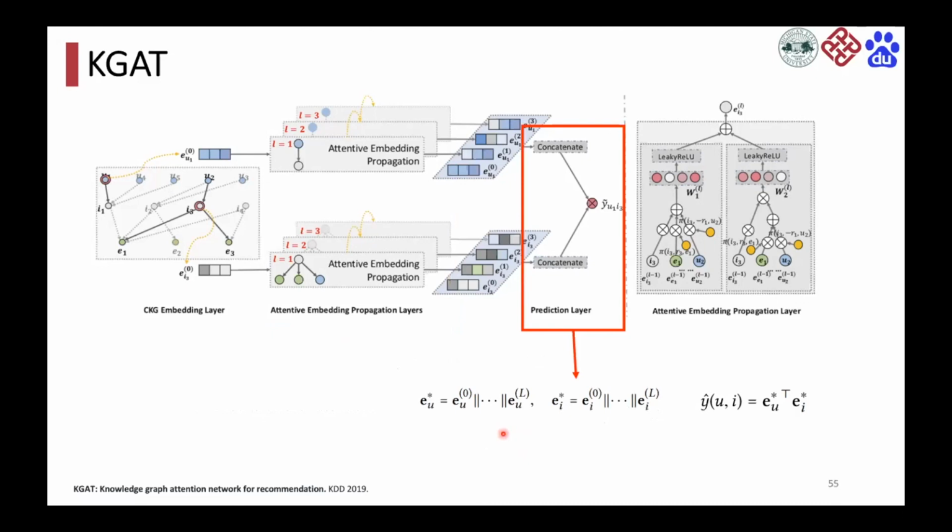At last, KGAT concatenates the embeddings from all layers to generate the final embedding, and uses the inner product between the user embedding and the item embedding to make the final prediction.